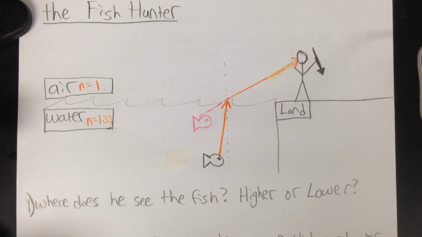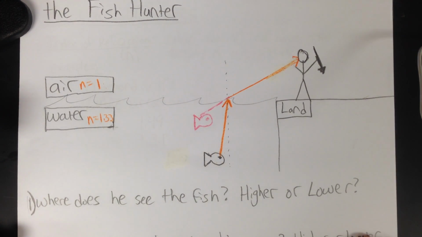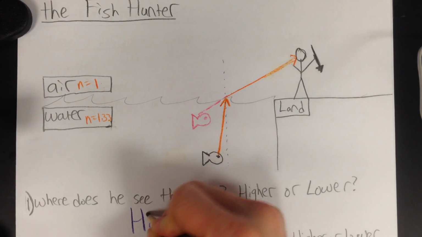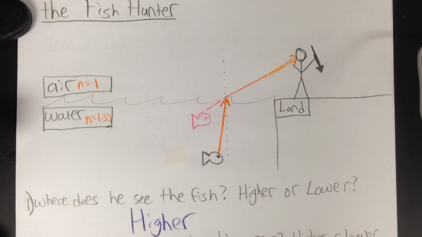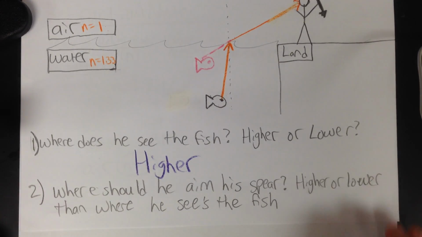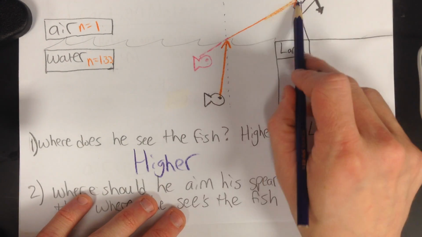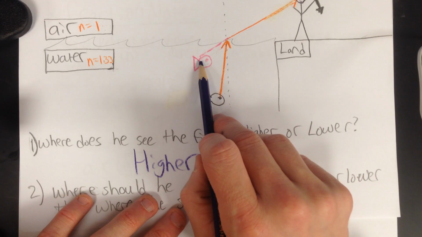So number one, where does he see the fish? Higher or lower? Well, our mind traces it back in a straight line to a position that is higher than where the fish is actually located. And where should he aim his spear? Higher or lower than where he sees the fish? So the question is, if he wants to hit the fish, he sees it right there because the refracted ray is traced back straight.